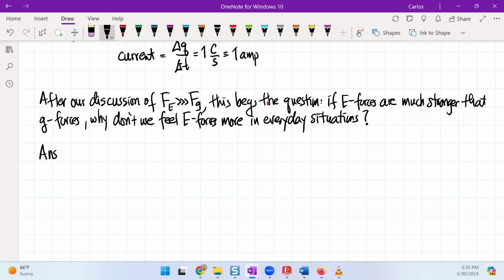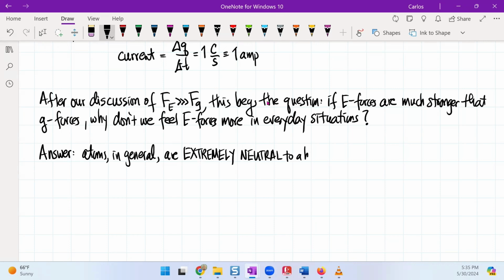So if I was to say this is the answer to that question, we say that atoms in general are extremely neutral to a high degree.